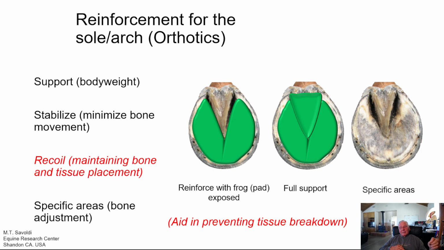So when we do things to a horse's foot, we have to give it plenty of time to adjust to what you're doing, because all that tissue needs to adjust. But you'll see positive results maybe a year down the road. So stay true to your course, as long as you're not causing damage, and down the road in a period of time you may see some good changes taking place.